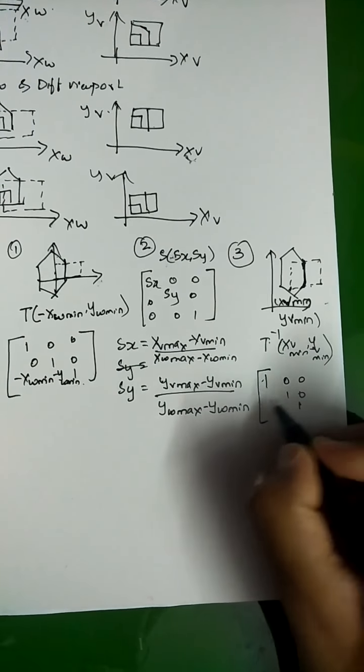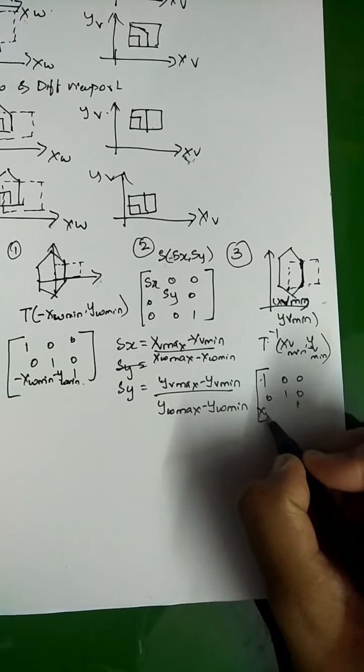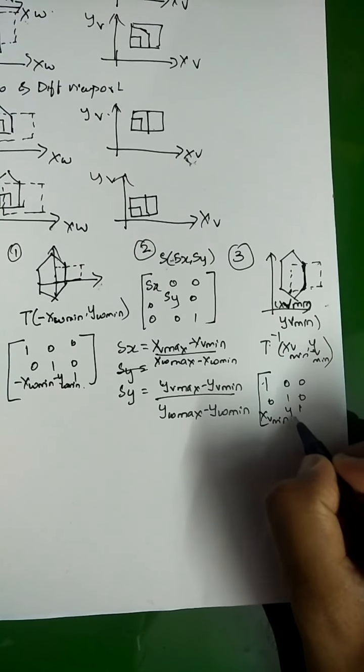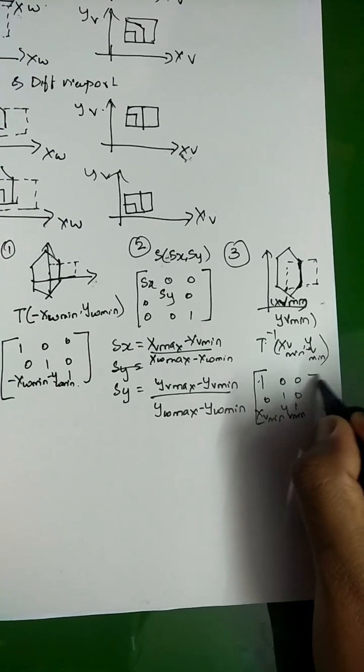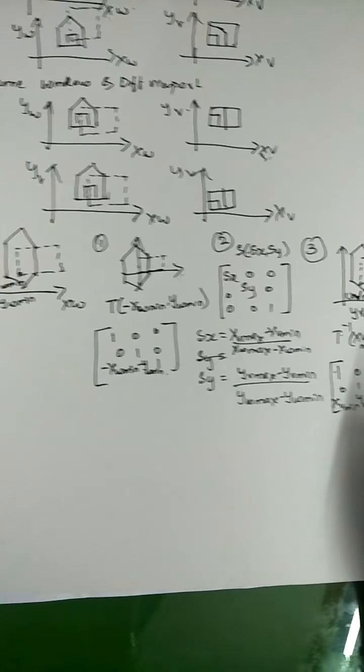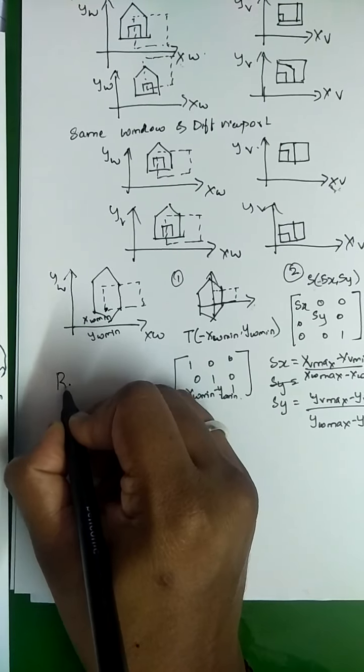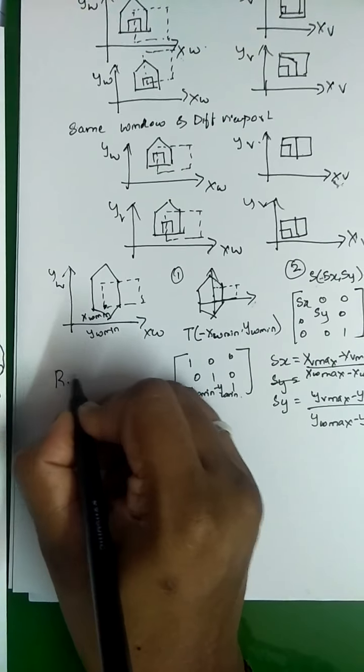It looks like this: xv min, yv min. Okay, I'll just write this down in an equation format now. Hope you remember from the previous video the sequence of operations that we have to perform here.